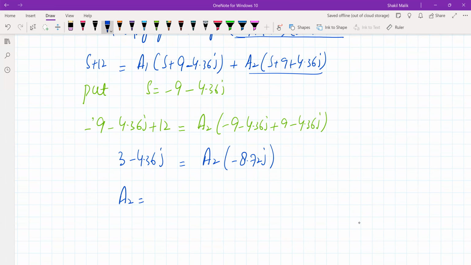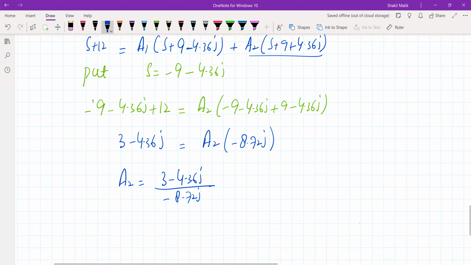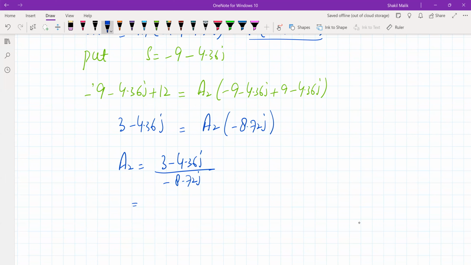So that means A1 will be equal to 3 minus 4.36j divided by minus 8.72j. If we divide 3 by 8.72, it is 0.344.